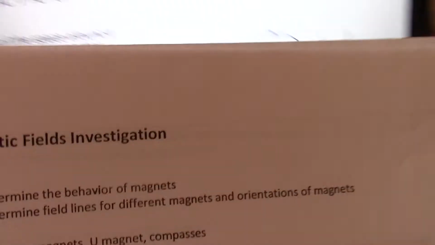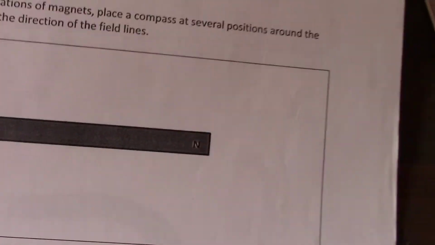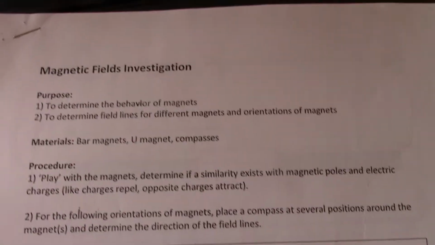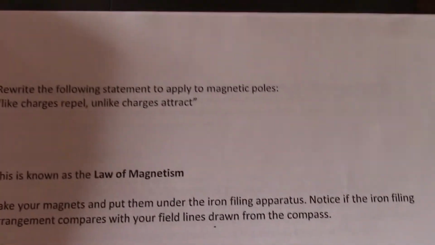This magnetic field lab, you guys can do. When you know how to draw magnetic field lines, normally we would use magnets in class, but you're not going to be able to do that because we are not in class. If you have magnets at home, you can mess around with them a bit if you want. You need to draw the field lines, and you can answer these questions with this lab.